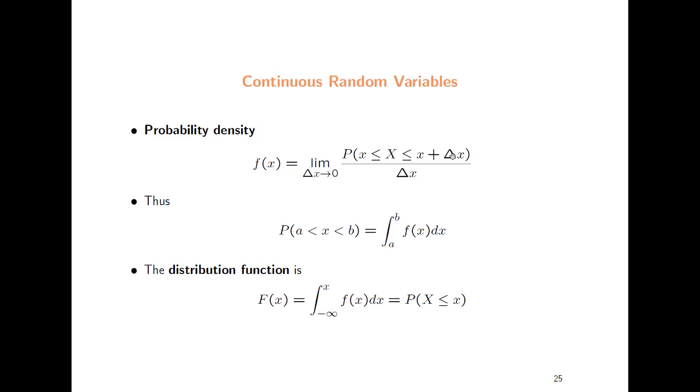So the probability that x is between a and b is the integral of f of x. And there's also something called the distribution function, which is the integral from minus infinity to x of this density. This is the same as saying that the probability of X is smaller or equal x.